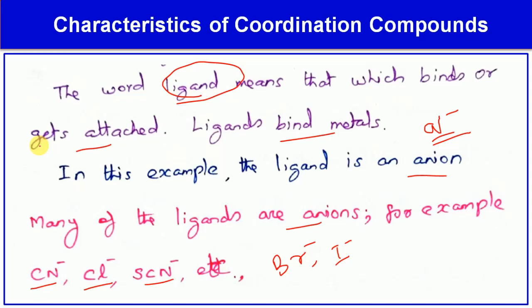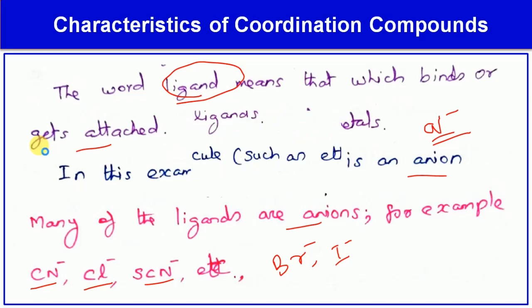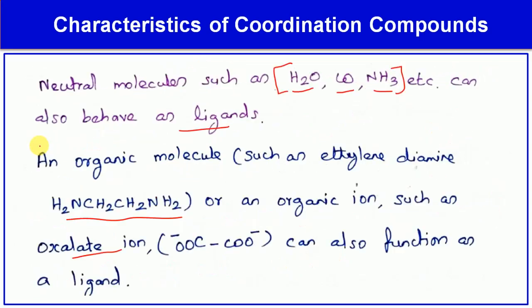For example, CN⁻, Cl⁻, SCN⁻, Br⁻, I⁻, etc. Neutral molecules such as H2O, CO, NH3, etc. can also behave as ligands.